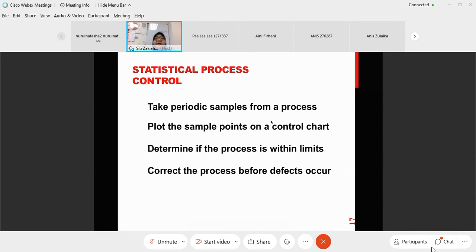And then plot the sample points on a control chart. Later we will learn how to calculate and do the control chart. First you collect data, then we plot the graph, and then we determine if the process is within limits.